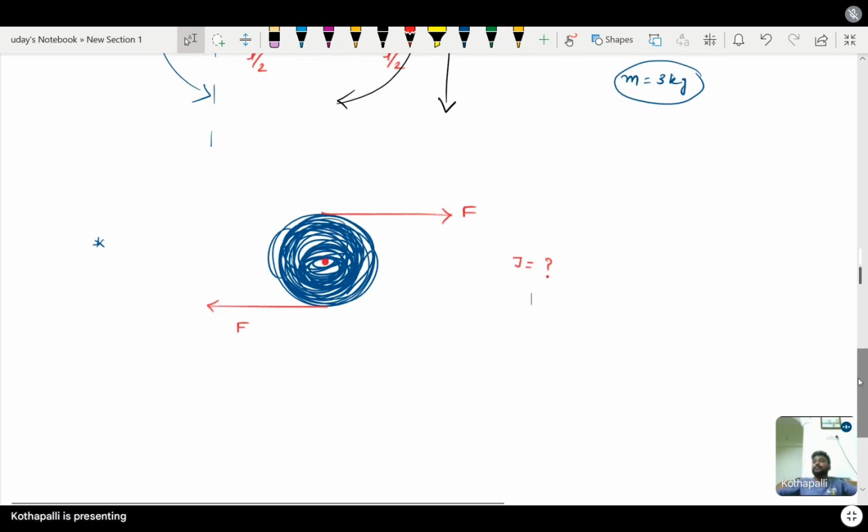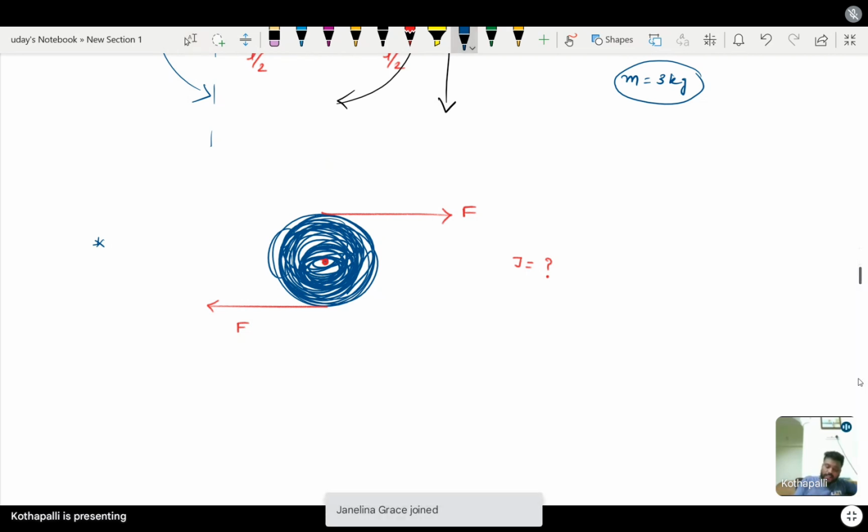So can you say? Think. Axis of rotation is this. Line of action of force is this. This is the perpendicular distance, which is the radius. For this also, same logic.